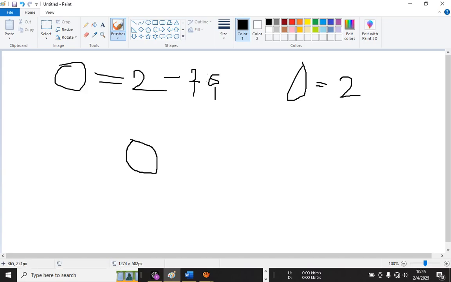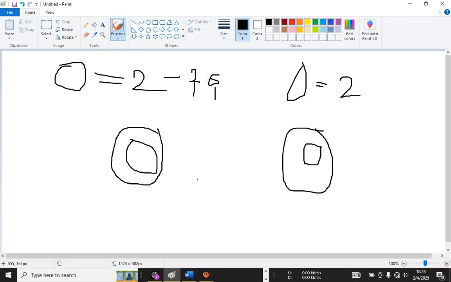So this is it. Now for this one also, this is it, and this is it. So what will happen? In the first one we have 2, and the last one we have 6 electrons.